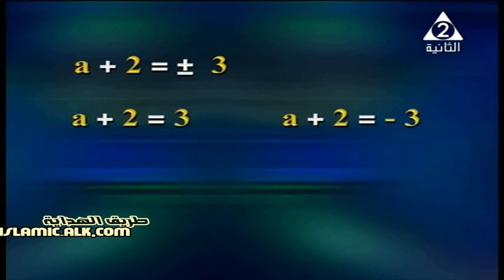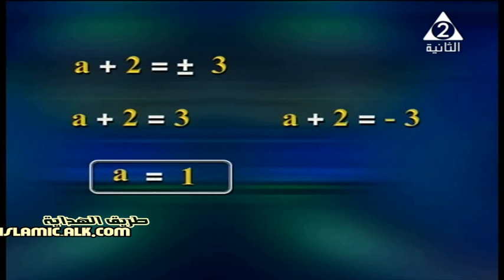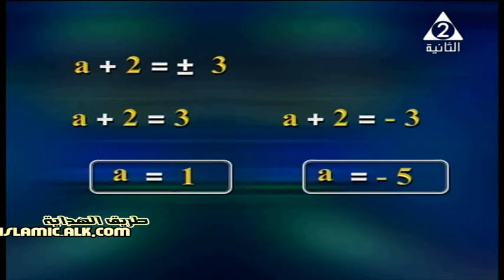This means that A plus 2 equals 3 or A plus 2 equals negative 3. Now try to find the value of A from the first part, which says that A equals 1. What about the value of A from the second part? It is negative 5. So we obtained two values for A, which are 1 and negative 5.